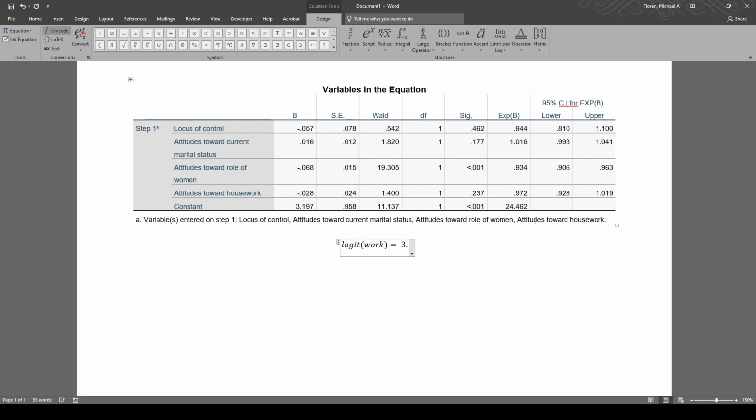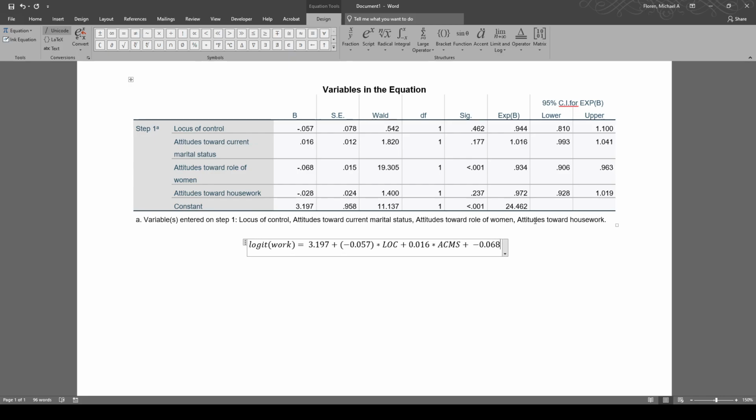So that's the intercept 3.197 plus negative 0.057 times locus of control plus 0.016 times attitudes current marital status plus negative 0.068.